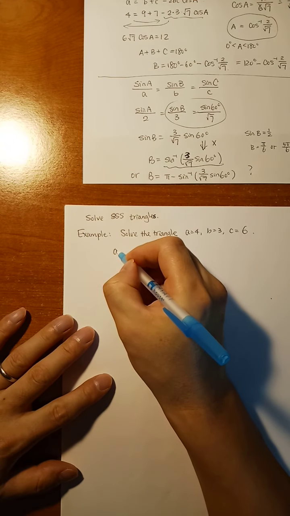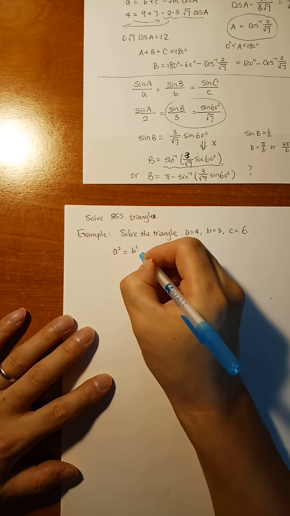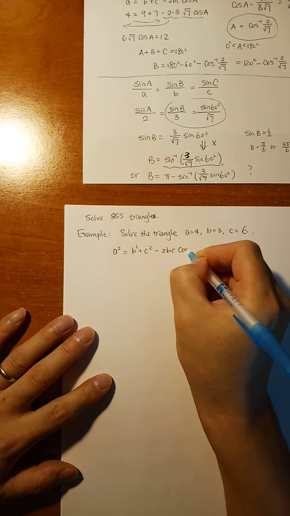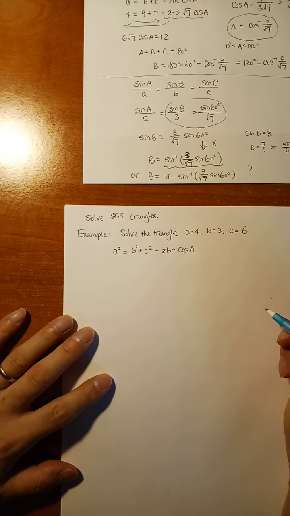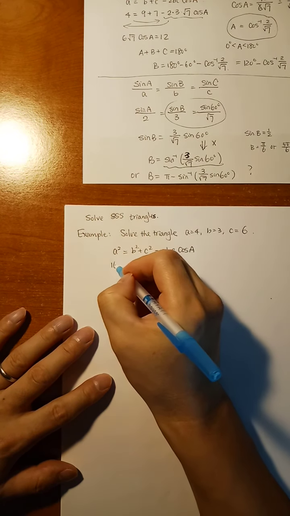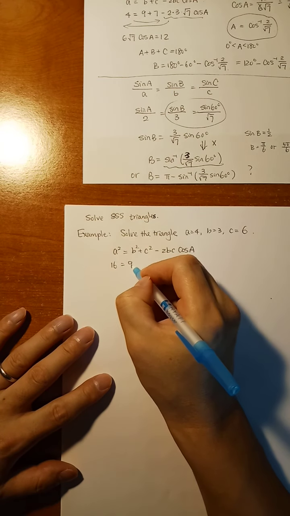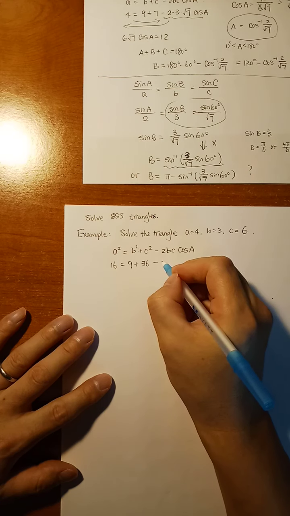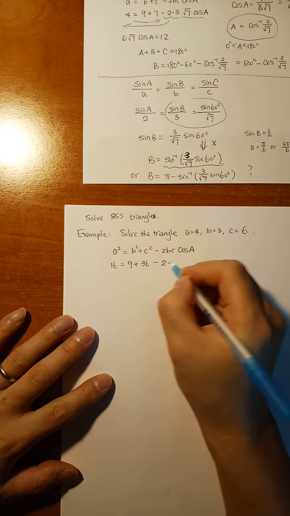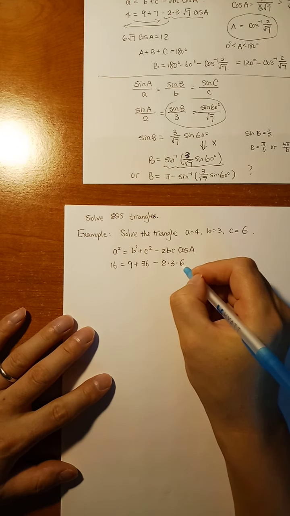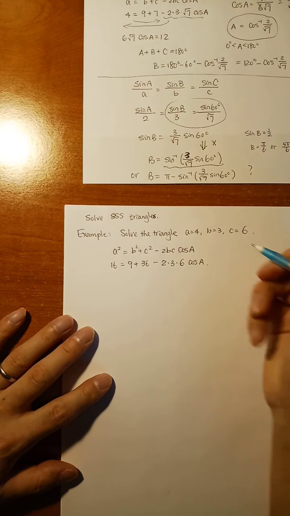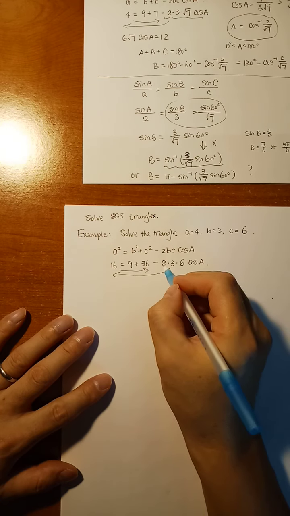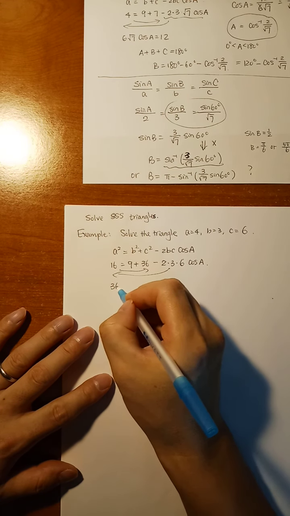For example, if I put a squared on the left side, the right side will be b squared plus c squared minus 2bc cosine of angle A. So A is 4, squared is 16. B is 3, squared is 9. C is 6, squared is 36. Times minus 2 times B times C and cosine of A. All right, so let's do the arithmetic. 2 times 3 is 6, 6 times 6 is 36.